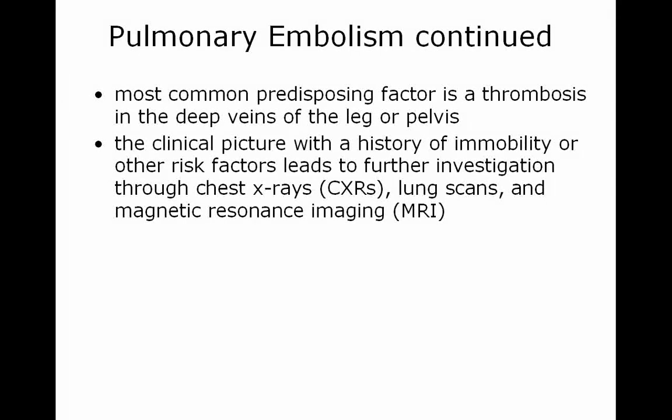If you remember the anatomy of the circulatory system, you've got to use your own muscles to make the blood flow through the veins. If the person's not using their leg muscles, if they're laying in one place, they're very likely to develop a blood clot of the leg or the pelvis.